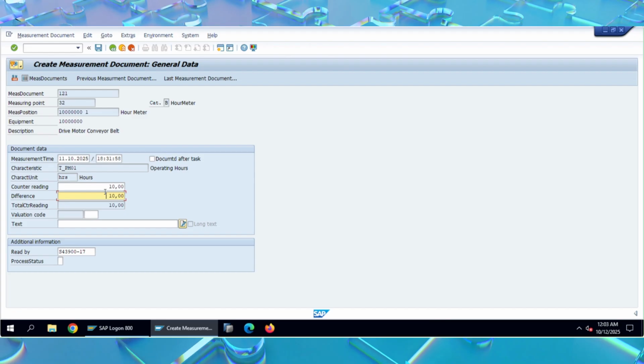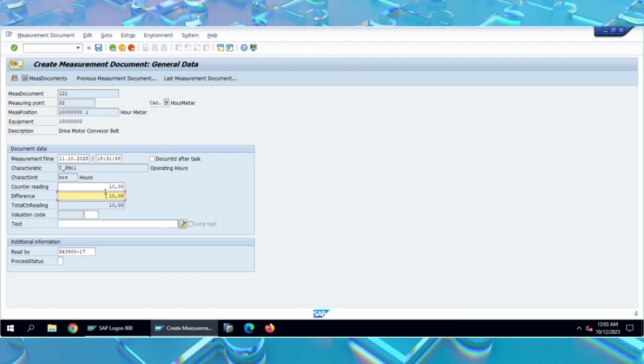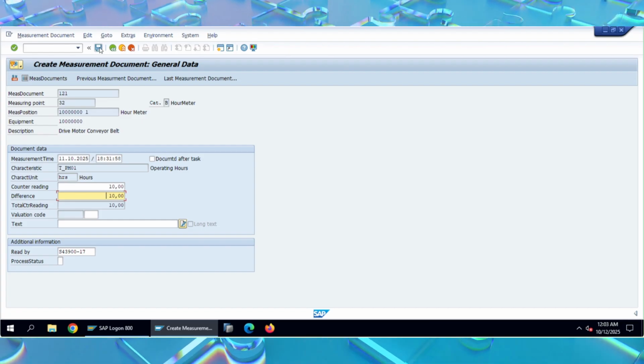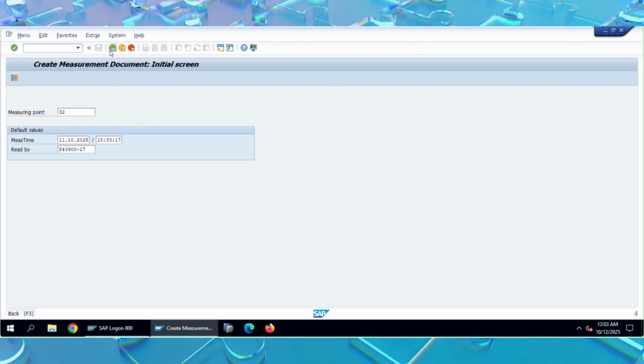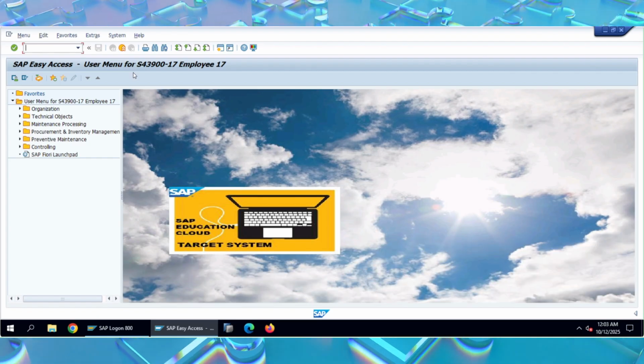It means it is calculating 15, because after 5 I am adding another 10 hours. So the total will be 15 and the difference will be 10. Then you can just save it. So this is how you can create a measurement document.